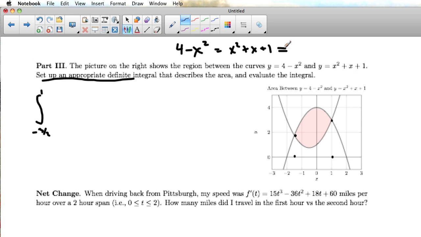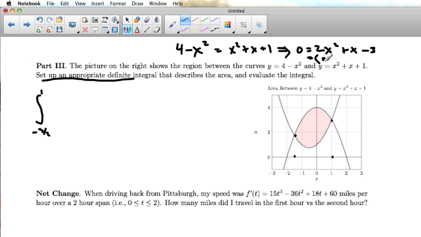So if we solve this, this is a quadratic polynomial, so I would add stuff from the left side over to the right side so that I have 0 on one side and everything else on the other. So 2x squared plus x minus 3. And then I would factor that.